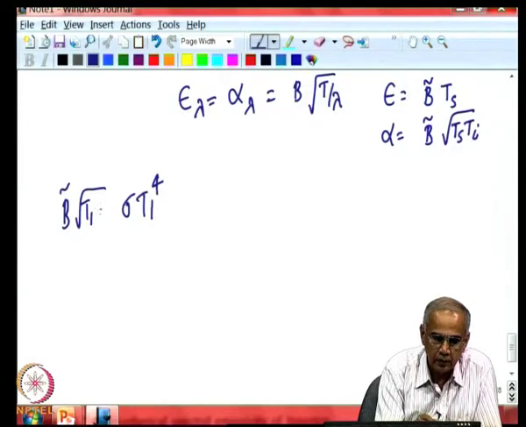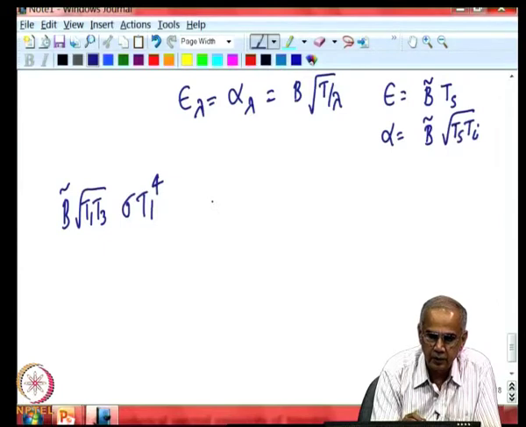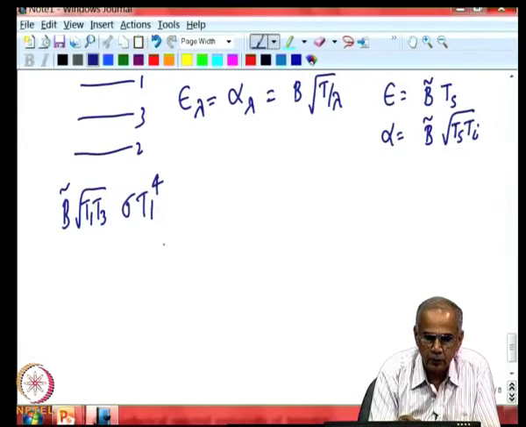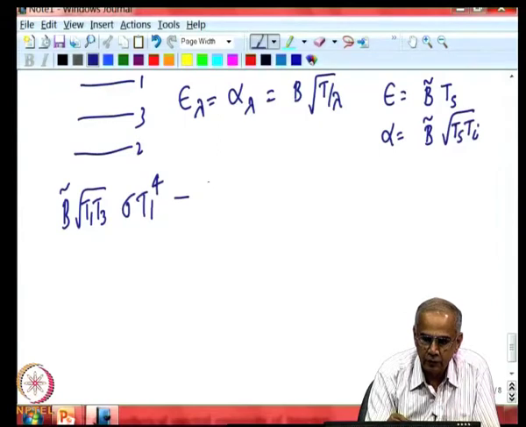So, this will be B tilde root of T 1, T 3, because T 3 is the temperature of the, let us remind, 1, 3 and 2. So, the 3 is the metal. What it absorbs will depend on the temperature of the emitter and the absorber. Now, minus what is emitted will only depend on B tilde and sigma T 3 to the power of 4.